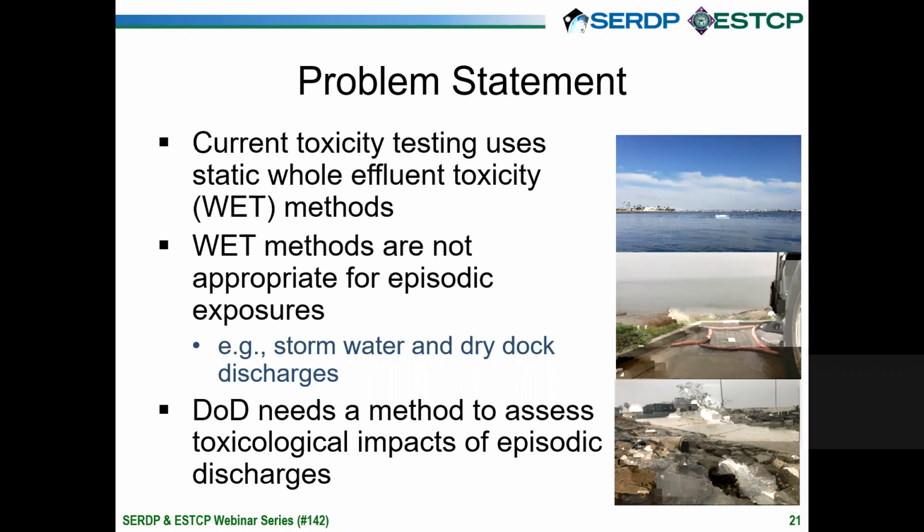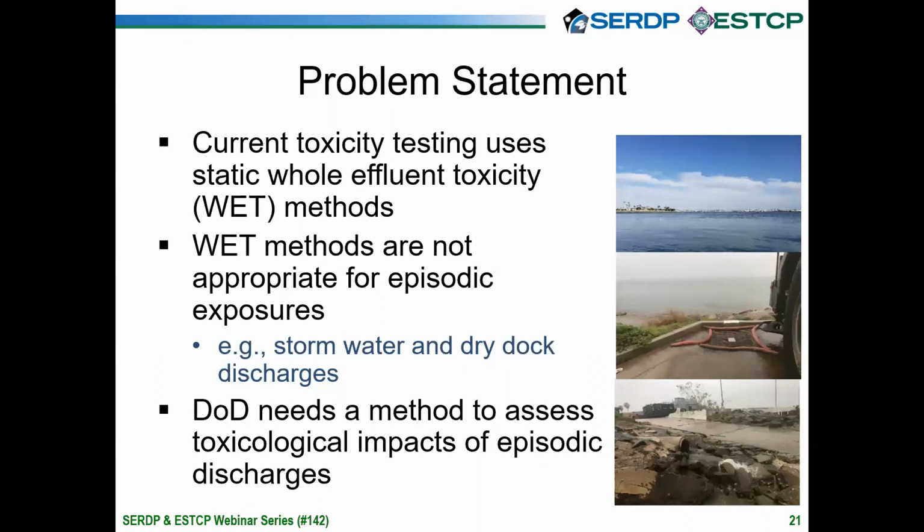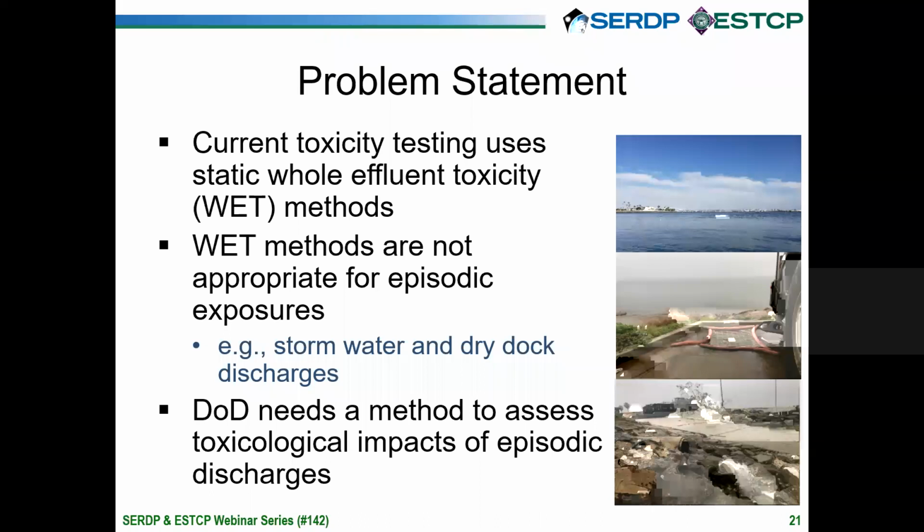Now, that methodology does not adequately replicate the exposure conditions that are either at the point of compliance or as it mixes with the receiving environment. For example, these pictures on the right-hand side were taken at Naval Base Coronado here in San Diego, California. The top picture is San Diego Bay on a given Tuesday back in January 2019.